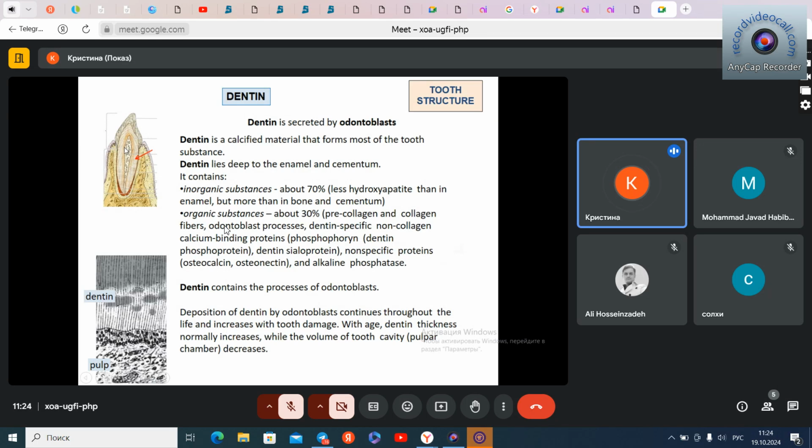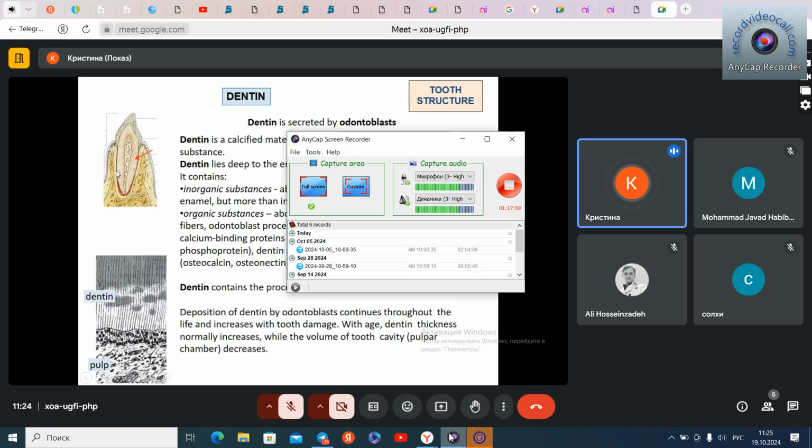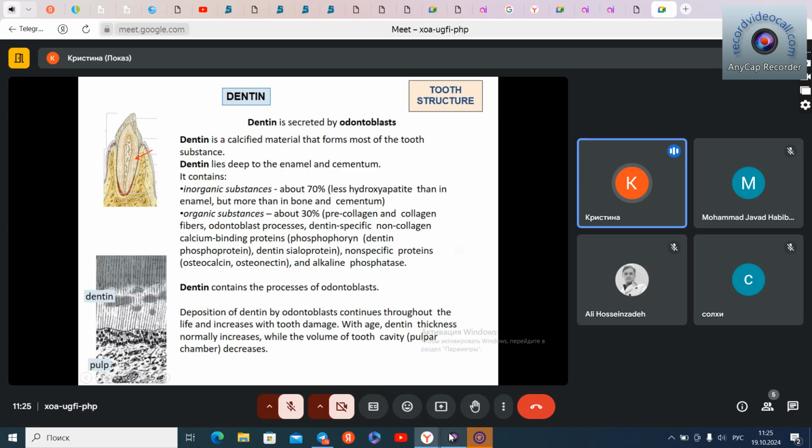here. And their processes go through the thickness of the dentin towards the border between the dentin and enamel, or in the root region towards the border between the dentin and the cementum. Here in this picture we can see the border between the pulp and the dentin.